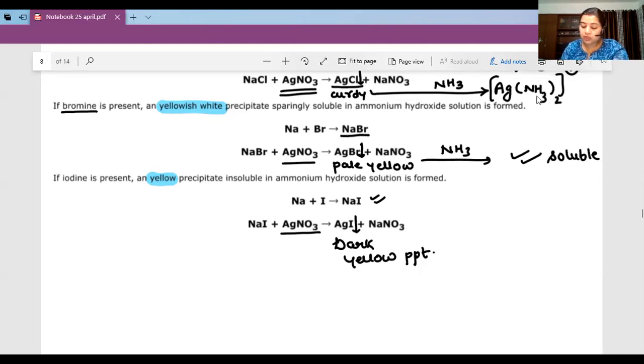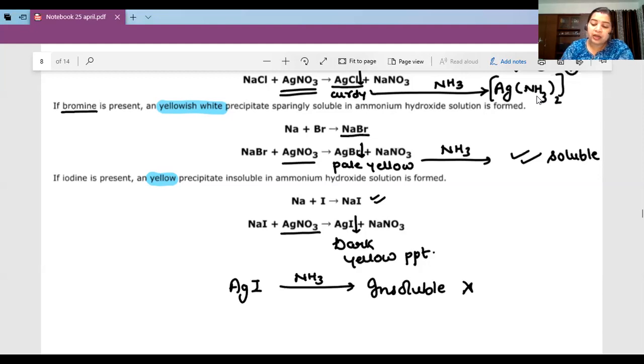The most important point of difference is that AgI, even if you add ammonia, will remain insoluble. Is that okay? I hope it is clear to all of you how to test halides.